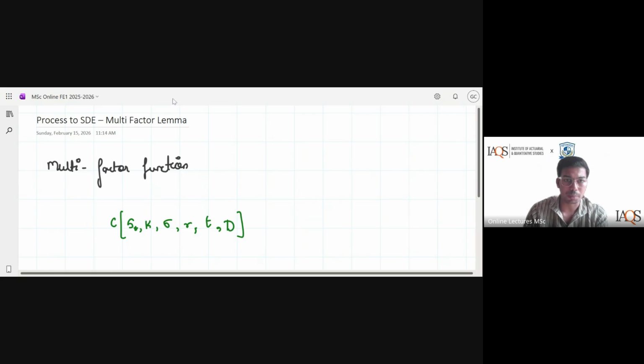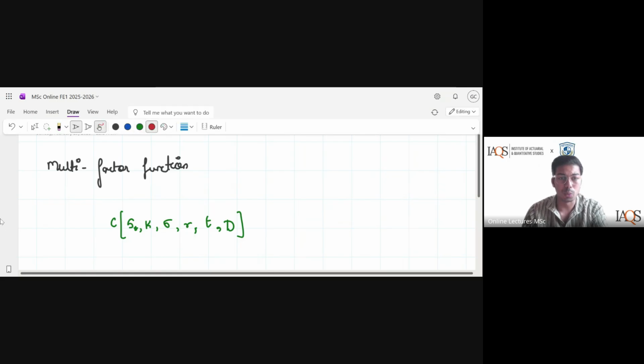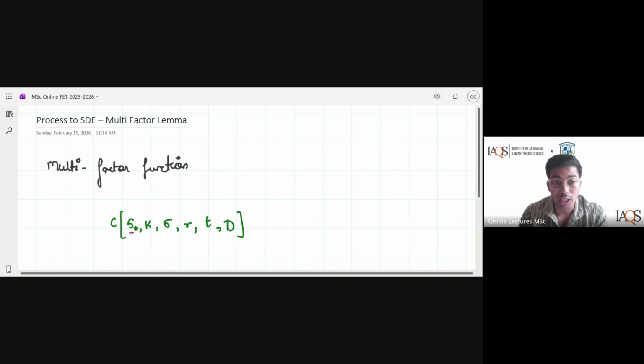Now let's look at them one by one. I know St is very much a relevant factor for me. Now K, once I enter into the option, I know K is not going to change. There is no variability of the option price to my strike price. Thus, this will be constant throughout my option period. Sigma, when we do Black-Scholes, we'll understand that the volatility parameter is assumed to be constant throughout the option period.